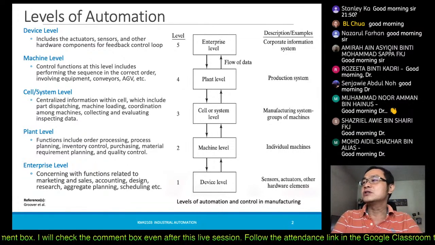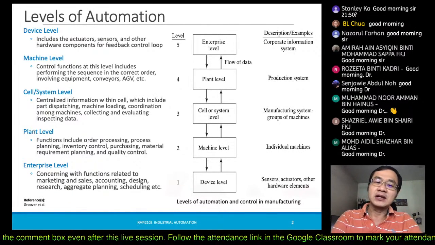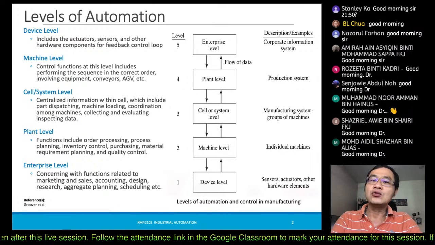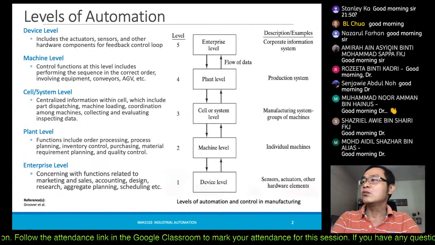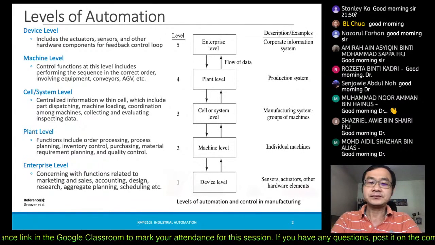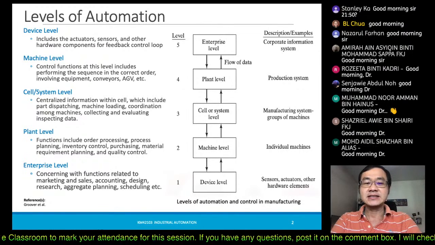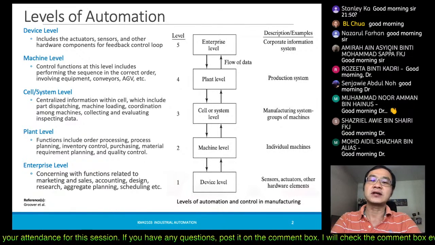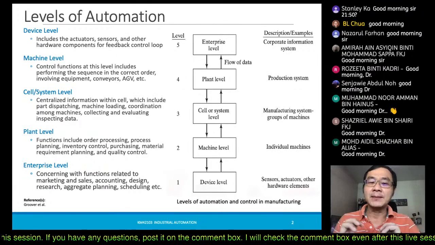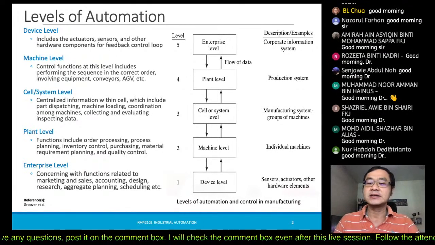But then it would always start from the device level, the very low level, okay, where it only includes the actuators, sensors, and the hardware itself, where they communicate among all these components.